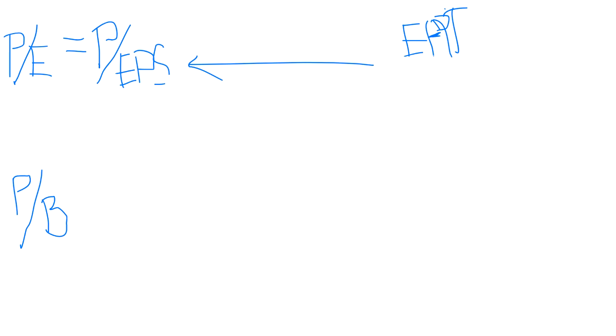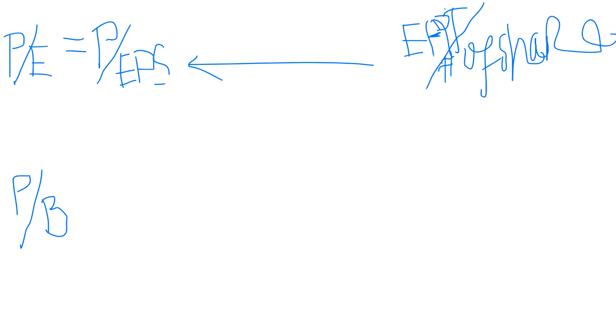Then per share means you're dividing it by the number of shares. That's literally the profit per share. If the company has a $10 million profit, or $10 million EAT, earnings after taxes, and there are 1 million shares outstanding, you want to know the profit or earnings per share. Well, then you'll divide it by the number of shares.